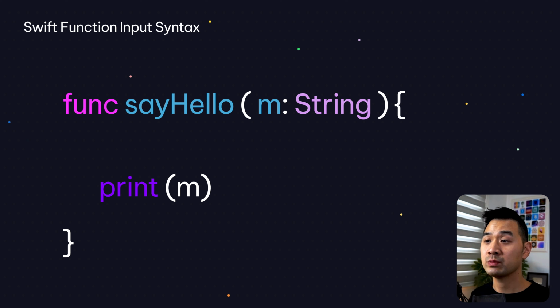So you can imagine with this code now, whenever the say hello function is called, it also needs to be supplied with a piece of string data, which we can reference using m. And then within the function, we have the code print m. So in essence, this function serves the purpose of printing to the console whatever piece of string data you pass to the function.